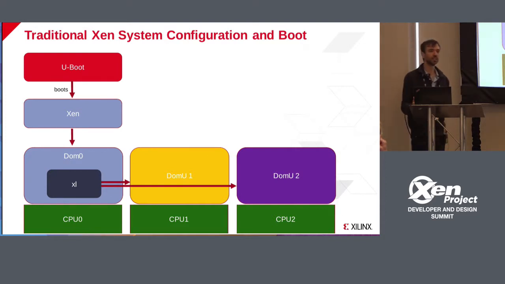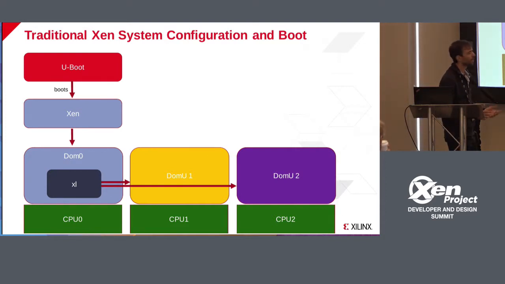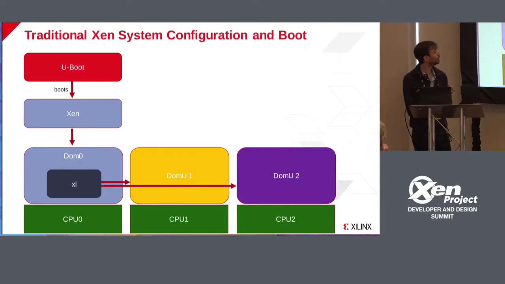It's not a good idea to put your apps in Dom0. So if your app is in the yellow VM, as it should be, then to start the yellow VM, you need to wait at the very least for Xen to be up and running, for the Dom0 kernel to boot, and for the Dom0 user space to come up. So what I'm trying to say is that it's not fast.